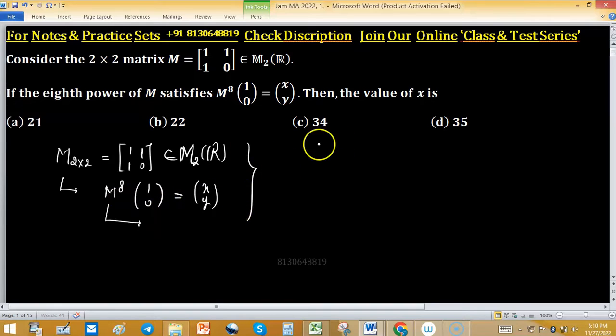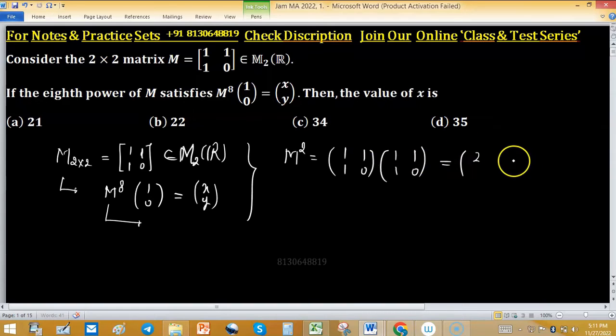So first try to find M square, which is 1 1 1 0, and this matrix multiplied by itself gives you M square. So M square is 2 1 1 1.